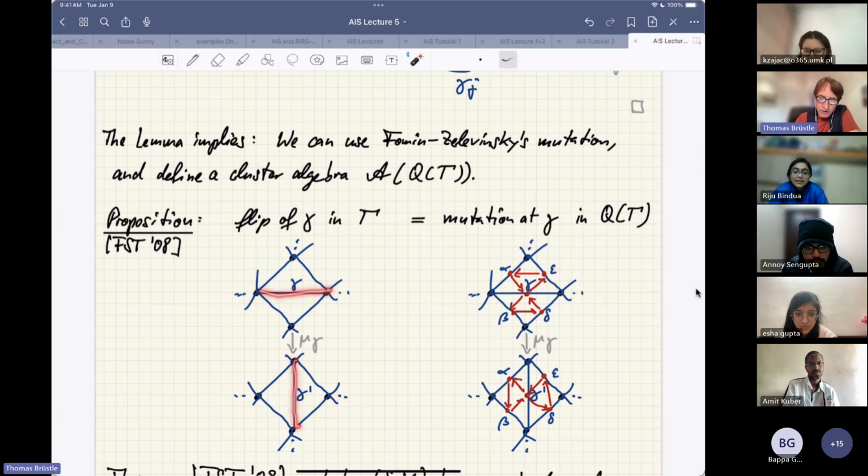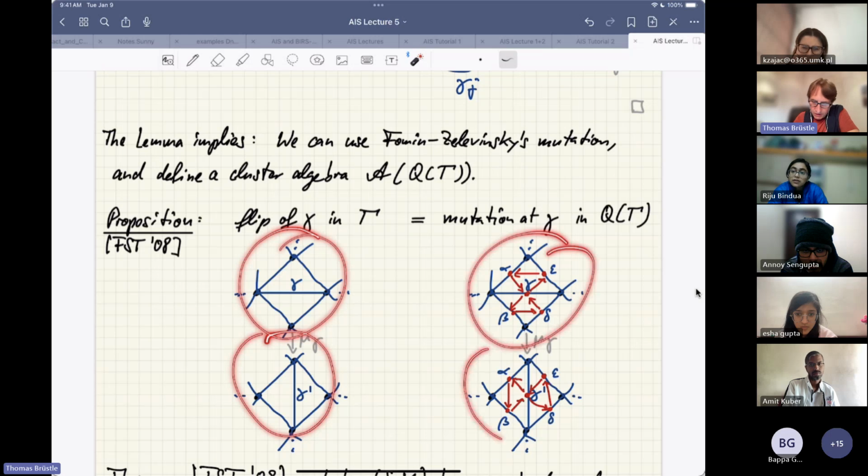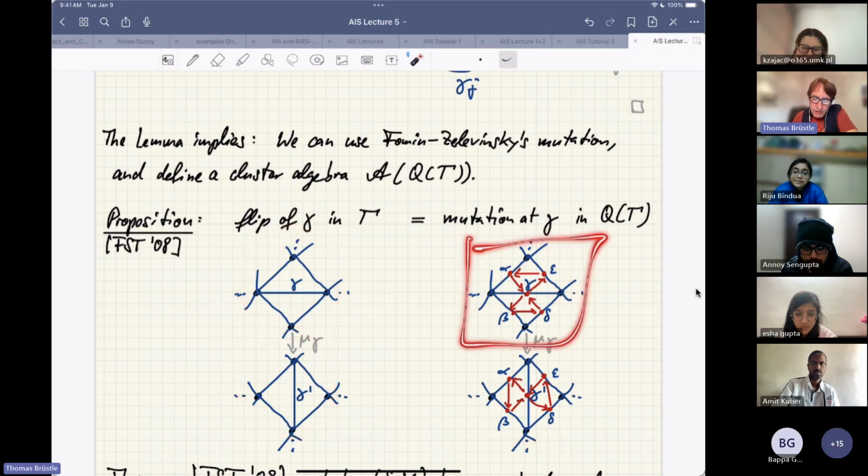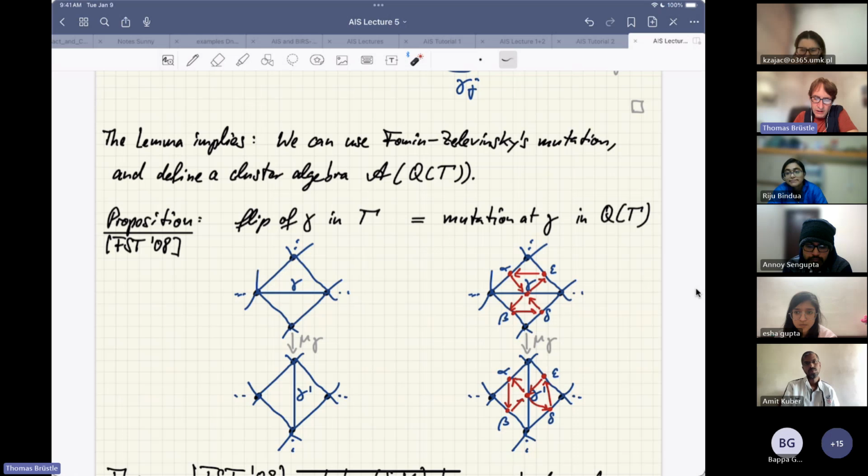Okay, so what happens on the other side? What happens on the side of the quiver? I take these two and I construct their quivers. The quiver for the upper part would be along gamma. We have one of those oriented cycles of length 3 as we constructed it earlier. I go clockwise around here, clockwise there, clockwise there.